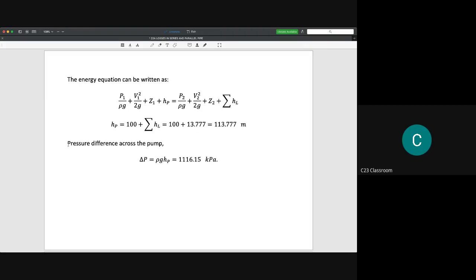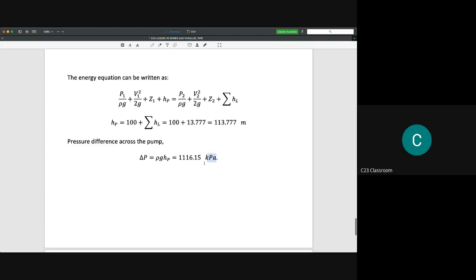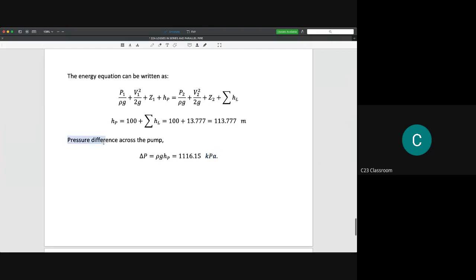Please bear in mind that if the question asks you to calculate the pressure, the unit must be in Pascal or kilopascal, or maybe megapascal. If the question asks you to calculate the pressure head, the unit must be in meters. So the pressure head is in meters, the pressure difference is in Pascal.